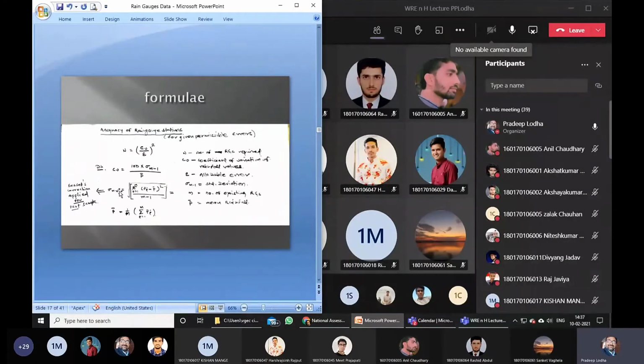So it's heavily dispersed data, and if we are using the whole sample data, say there are 20 rain gauges and we are using all 20 rain gauges' data, then there is no need of writing sigma m minus 1.